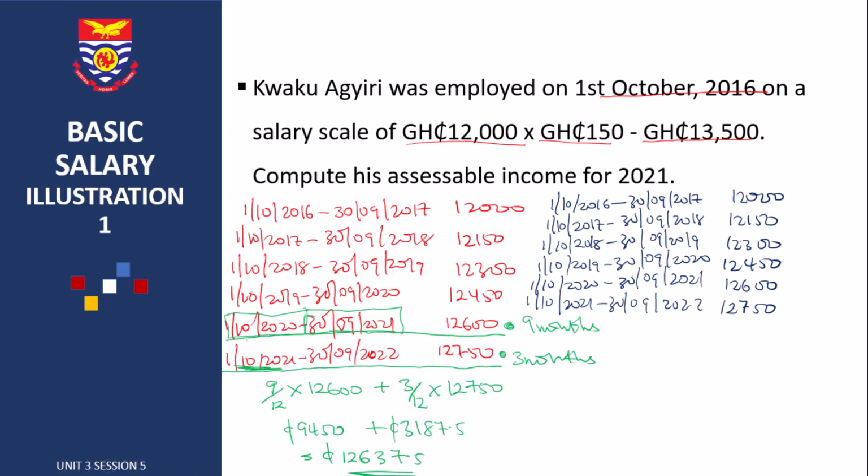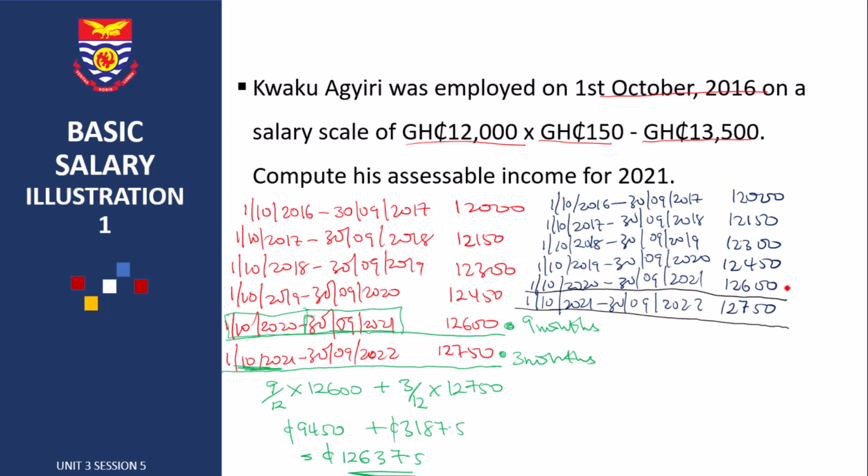So now we have the various income. Let us look at how to compute for 2021. At this point, we have 1st October 2020 to 30th September 2021, and we have 1st October 2021 to 30th September 2022.